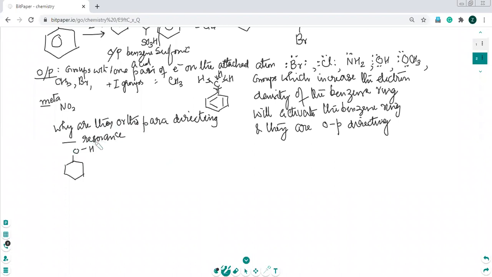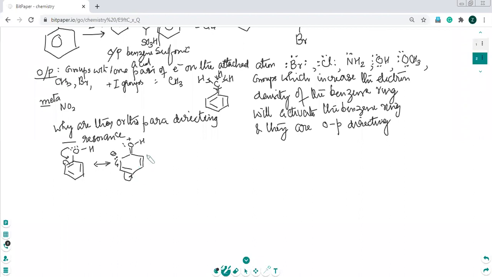See here, you write on the top resonance, and then you draw the structure. Draw all the resonance structures of phenol. I think we have done it before. I will just draw one of them. This is the resonance structure. You can see the lone pair of electrons is contributed to the benzene ring at the ortho position. So the ortho position becomes rich in electrons. Next it will go to the meta position, para position.